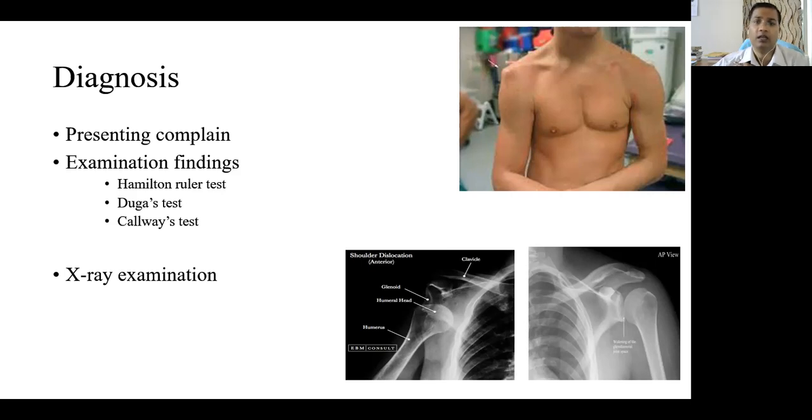The shoulder is abducted and externally rotated, and in that situation the patient comes to the hospital holding his elbow with the other hand. Sometimes you can see the patient having severe pain and unable to move his shoulder joint, supporting his affected hand with the other healthy hand.